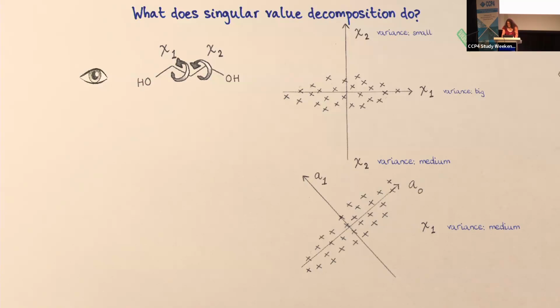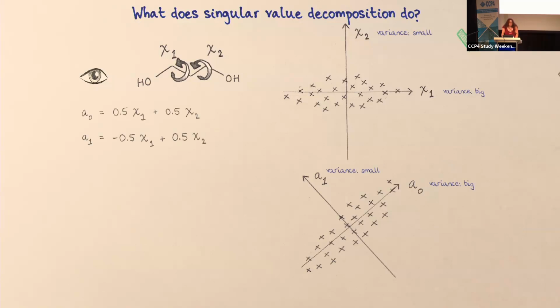Now you don't have any correlation between the new axes A0 and A1. And now if you look, it's actually the same as the graph above, but we've just rotated the axes slightly. So this means that we can now understand our data set variances, that we have a big variance along the new A0 axis and a small variance along the new A1 axis.